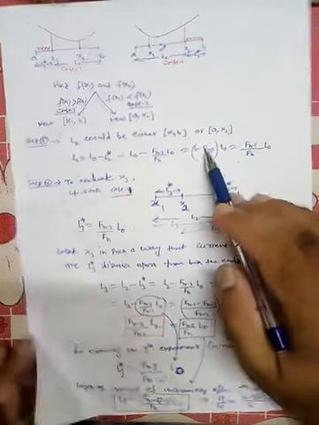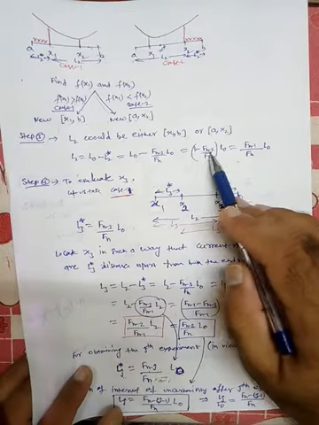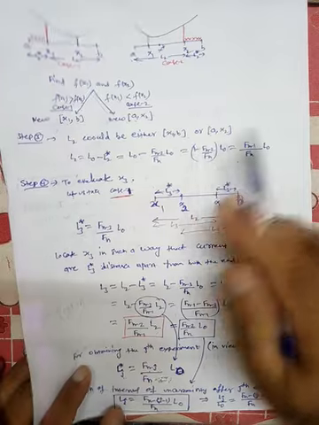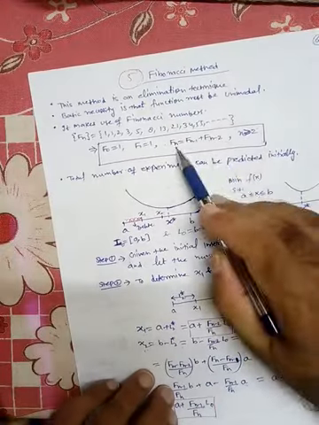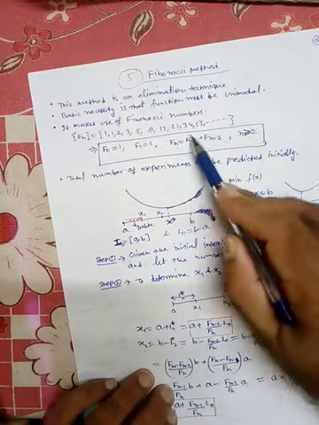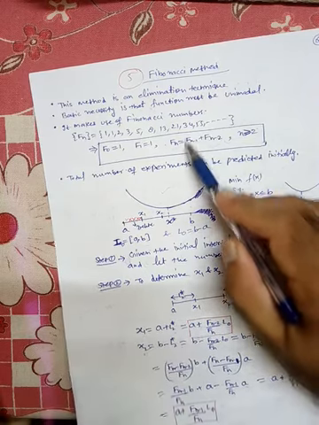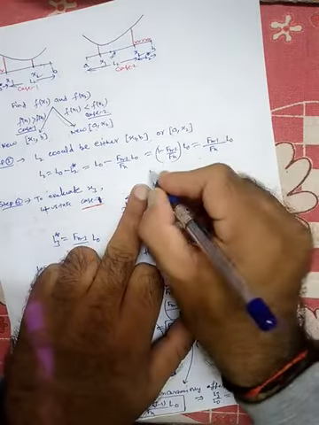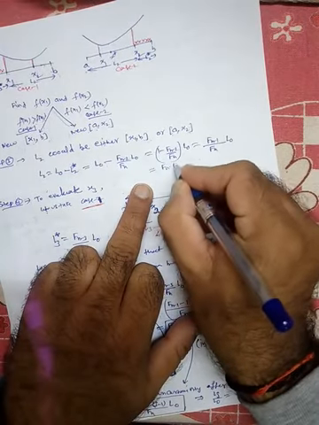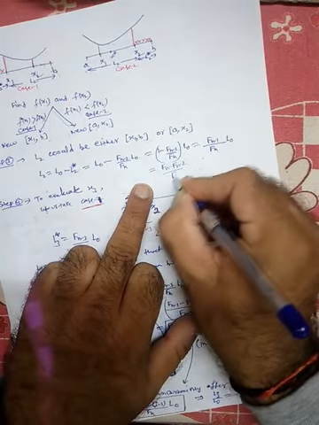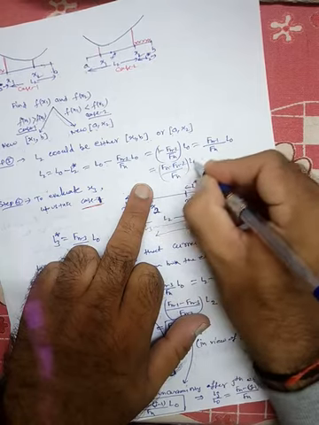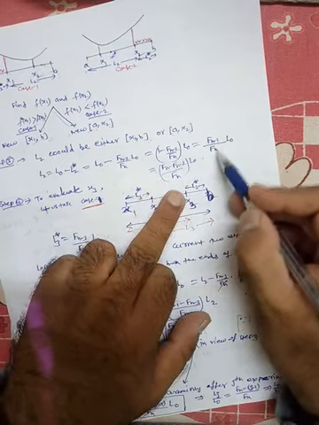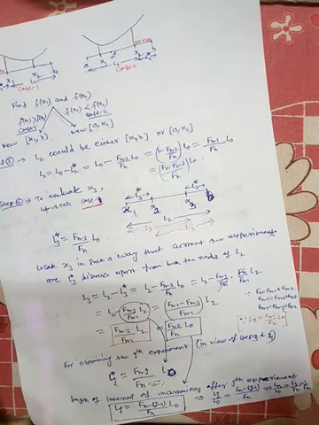This can be written as f_n minus f_{n-2}, and if I take it to the other side, it becomes f_{n-1}. So we can replace this with f_{n-1}, because this can be written as (f_n minus f_{n-2}) by f_n L0, but this quantity is nothing but f_{n-1} divided by f_n L0.